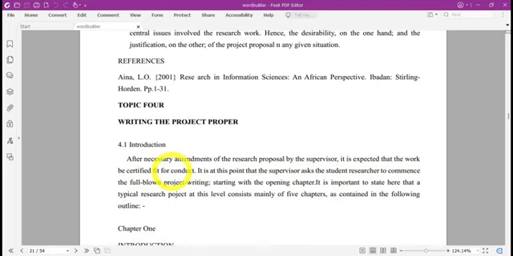It is at this point that the supervisor asks the student researcher to commence the full-blown project writing, starting with the opening chapter. It is important to state here that a typical research project at this level consists mainly of 5 chapters, as contained in the following outline.